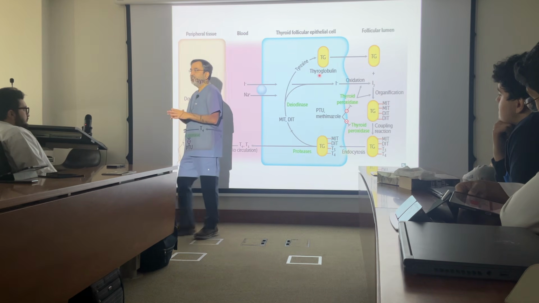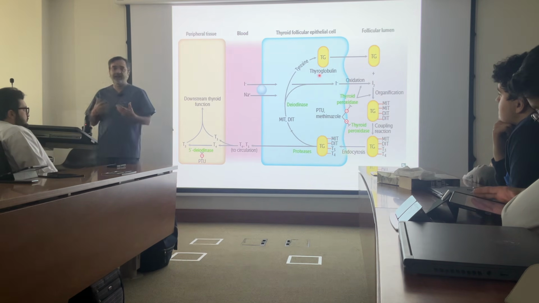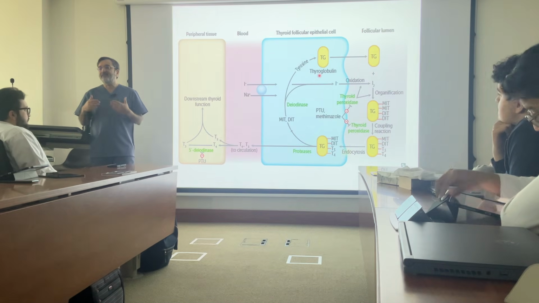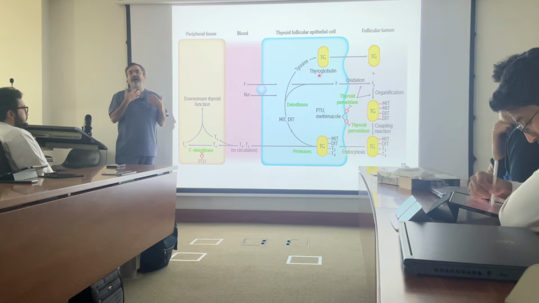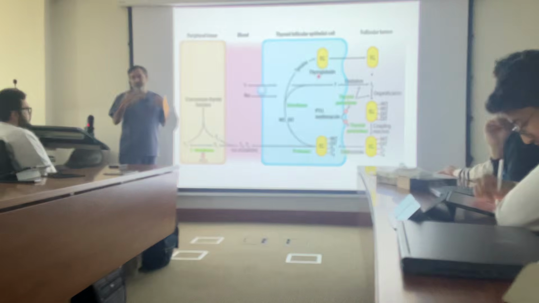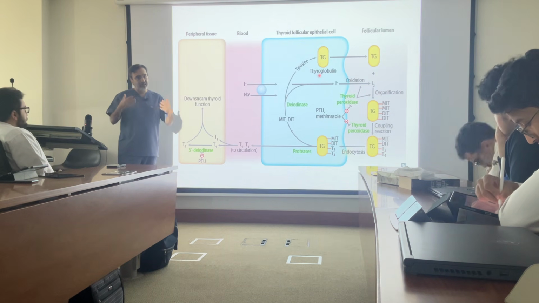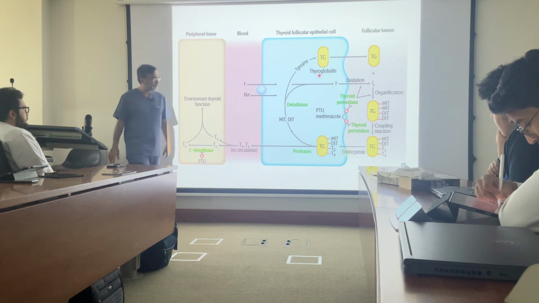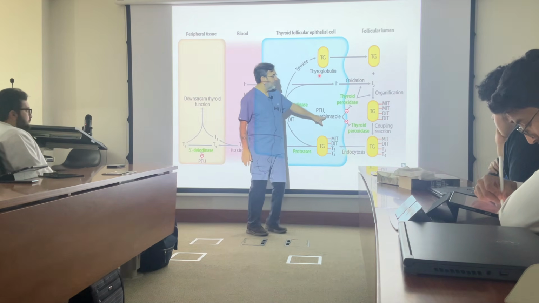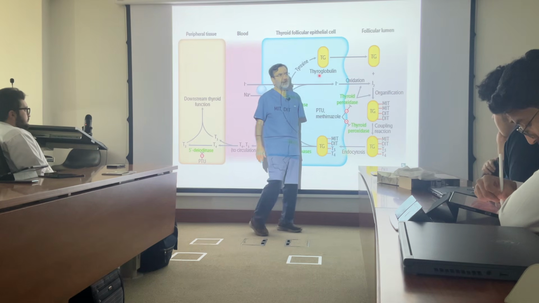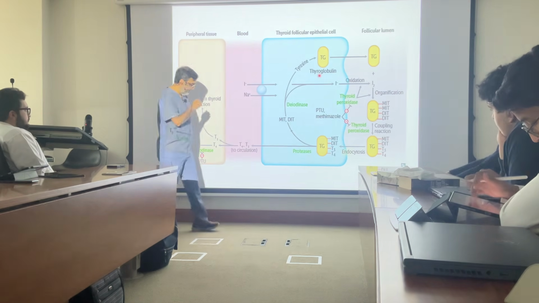Because they inhibit thyroid peroxidase, they are going to stop the synthesis of thyroid hormone. So they are given in hyperthyroidism. If you have overactivity of the thyroid gland and you are producing too much thyroxine, you can give propylthiouracil or methimazole, and both are going to block the thyroid peroxidase.